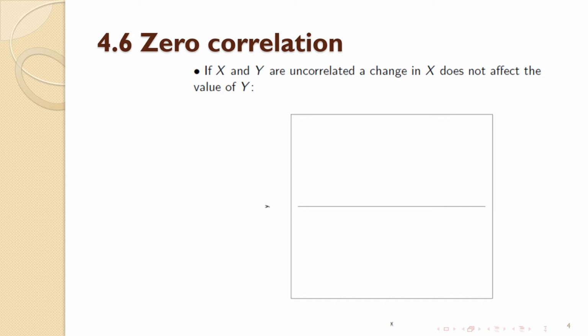So at the risk of repeating myself, the basic question remains: if you change x, what happens to y? Nothing in the case of zero correlation, but y would either increase or decrease depending on whether there's a positive or negative correlation.